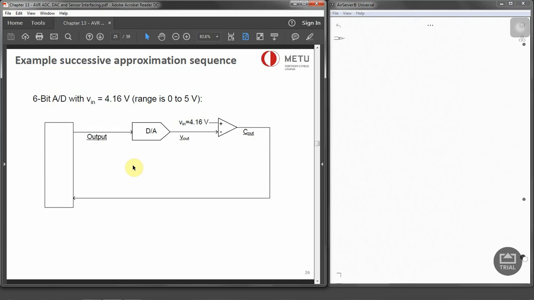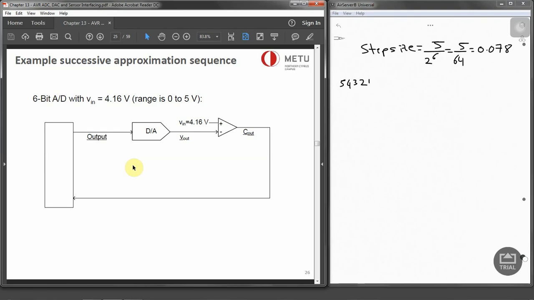Now, as I start again, step size equals 5 over 2 to the power 6, which is 5 over 64 in this case, which equals 0.078. So we have got our resolution as 0.078. And now, when we consider 6 bits, that means 5, 4, 3, 2, 1, 0.